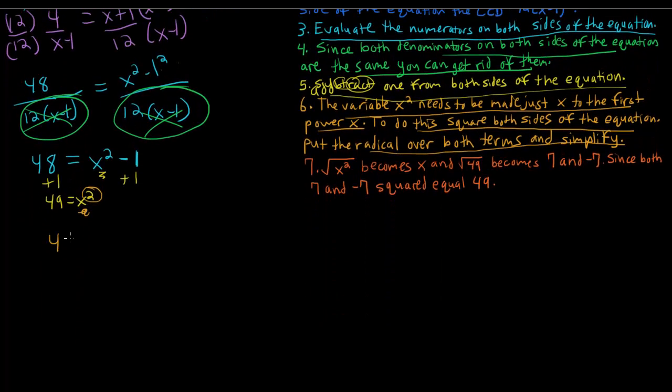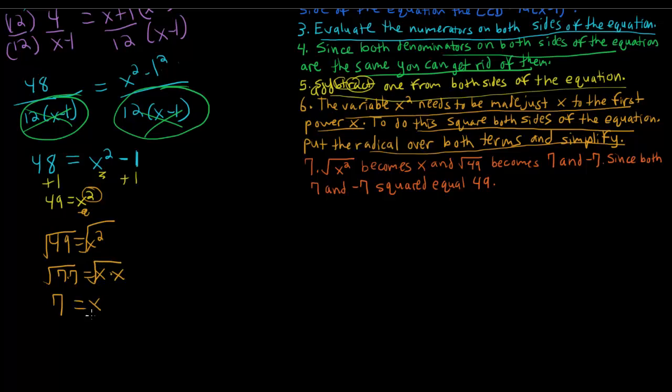Just put the radical over each term on both sides of the equation. The root of 49 is the same as 7 times 7, which is just 7, equals the root of x squared, which just equals x, because it's really x times x. And then that simplifies to x.